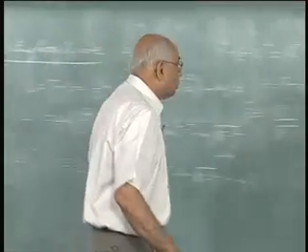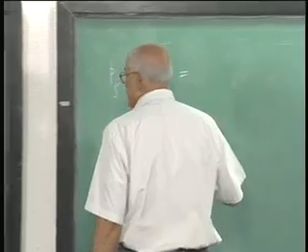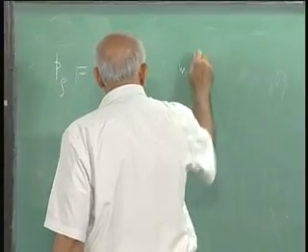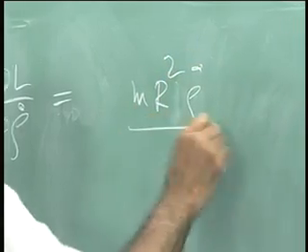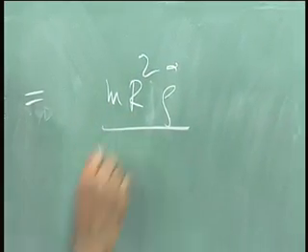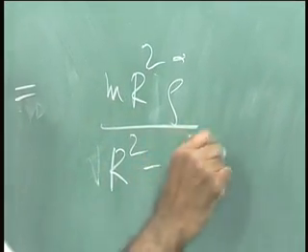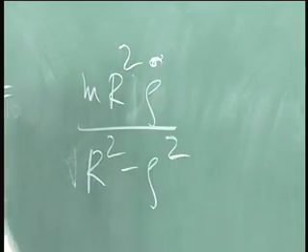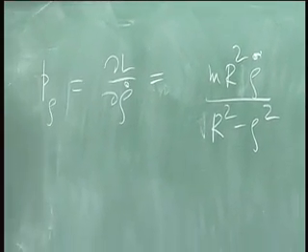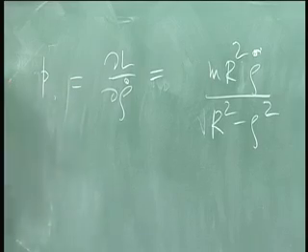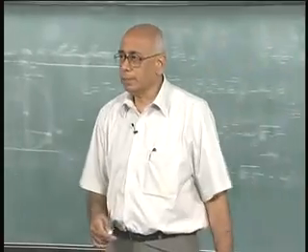So this is equal to m r squared, and there is a 2 rho dot, so the 2 cancels, rho dot over r squared minus rho squared. Since there is just one degree of freedom, rho, let me not write this subscript here, let me just call it P for ease of notation.